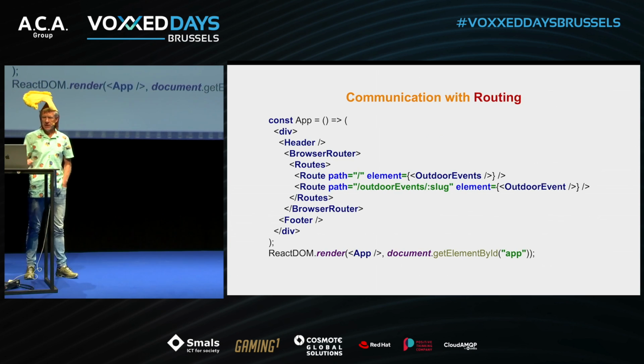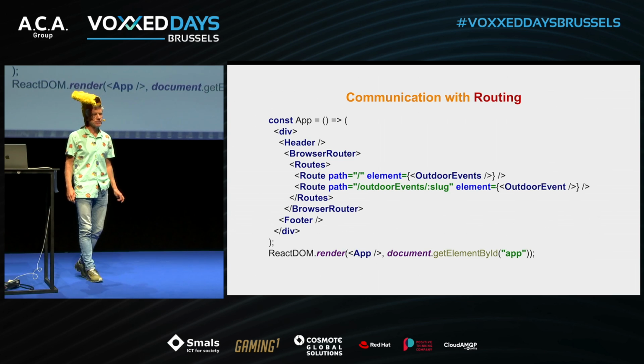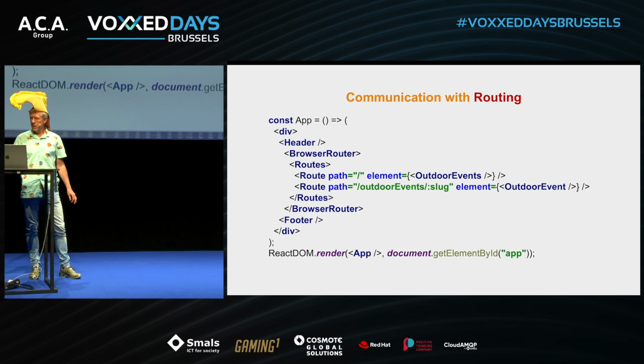For routing in React, you can use the browser router. You see that here I have a normal route with a slash, and also the outdoor events slug I have to define here to go to my detail page.